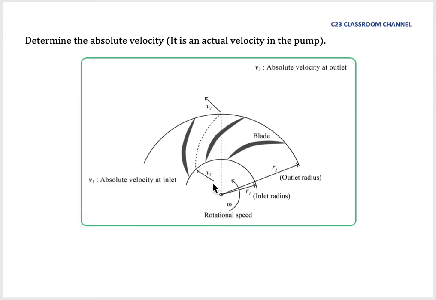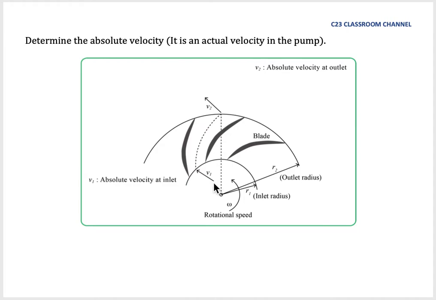So just imagine that the rotational speed rotates counterclockwise like this, the absolute velocity will flow like this. It is not in a radial direction, not from here to here. I will explain it later. It will flow a little bit slanted from the radius here.